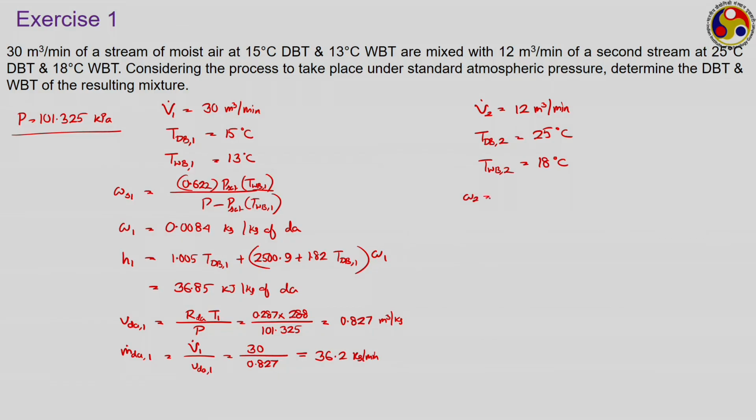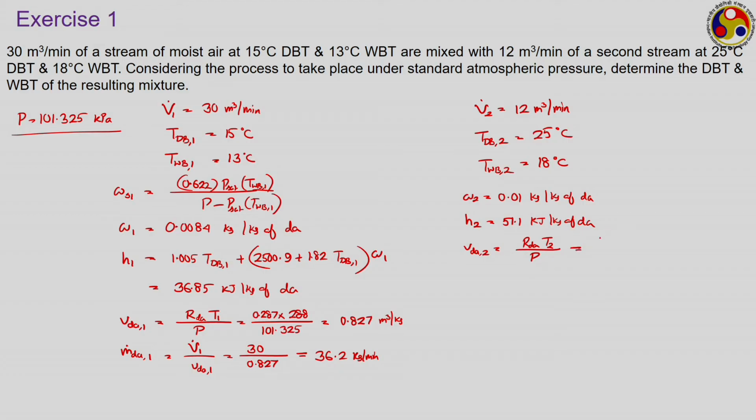For this case, following a similar procedure, your omega will be 0.01 kg per kg of dry air, H2 will be equal to 51.1 kilojoule per kg of dry air, and specific volume for the dry air part, which is again R dry air, but its temperature is T2, which is 25 degree Celsius, that is 298 Kelvin, by pressure remains the same.